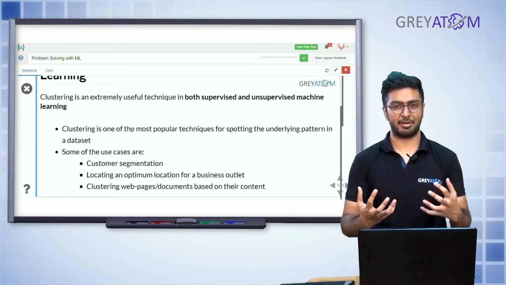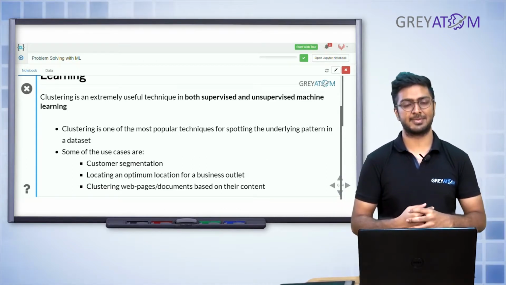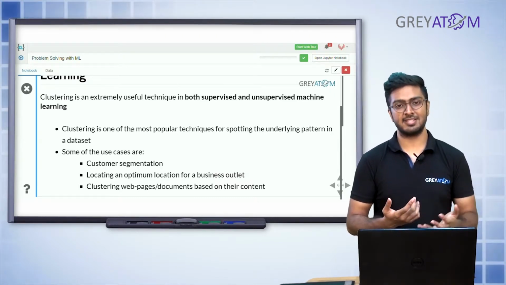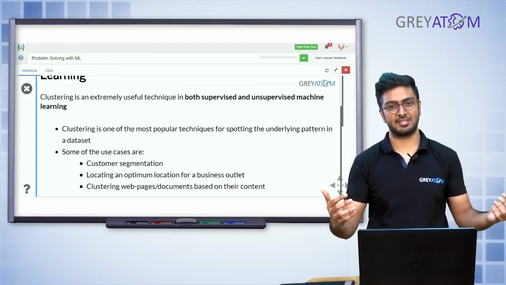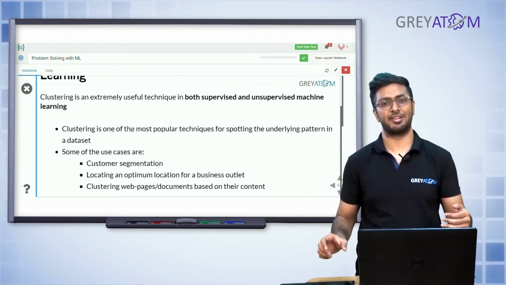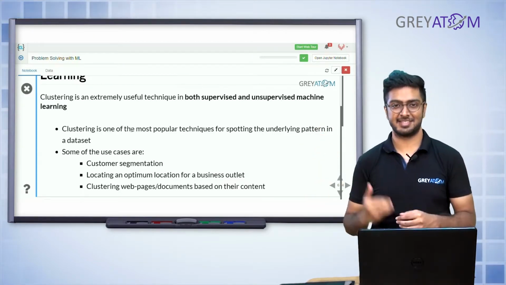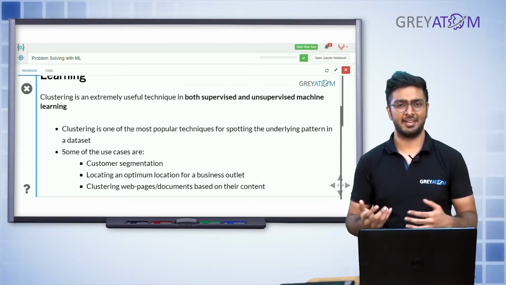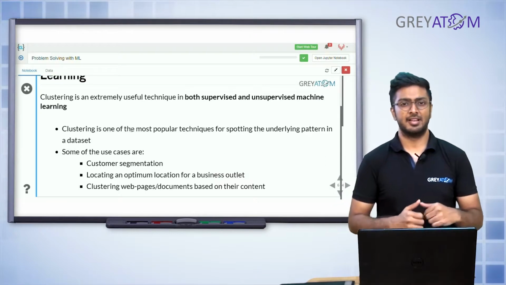That's exactly where clustering comes into play, because this is not like supervised learning, where you have all the features of all the customers and a column which says this guy is bucket 1, this is bucket 2, this is bucket 3. You don't have that data. No one has annotated it.